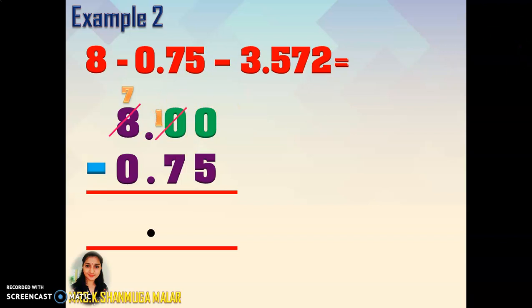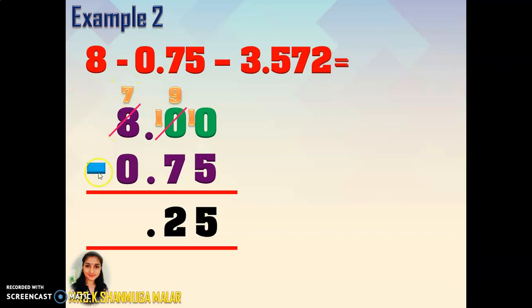Now we must borrow from the 10. Before 10 is 9 and here we get 1. So now this is 10. So 10 minus 5 is 5. Here we have 9 minus 7. Students, 9 minus 7 is 2.